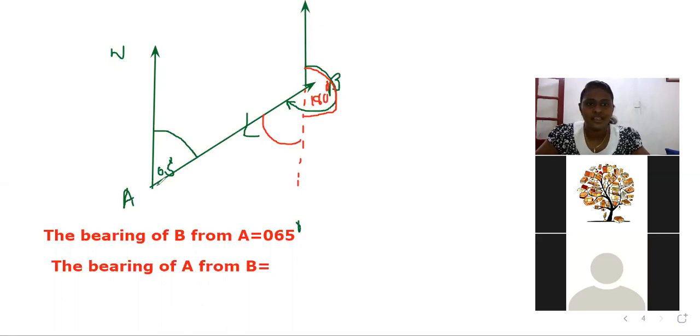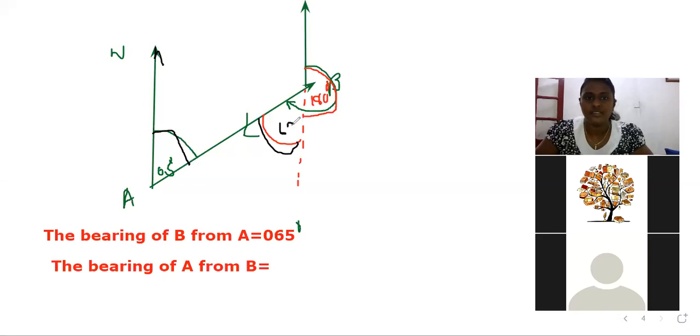Can't you see here? See my cursor? See the way I'm drawing? What is this type of angle? Alternate angle. Because these two lines are parallel, this angle to this angle is alternate.